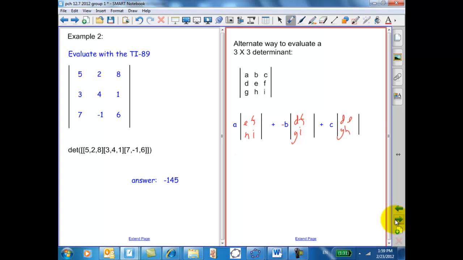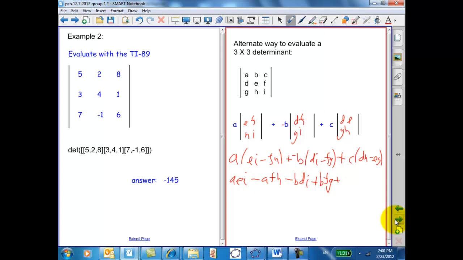So we have A times (EI minus FH) plus negative B times (DI minus FG) plus C times (DH minus EG). So AEI minus AFH minus BDI plus BFG.